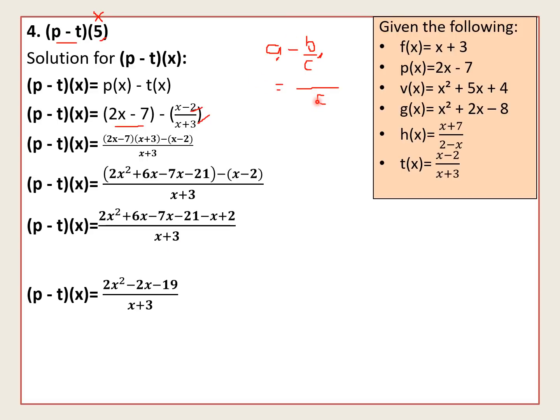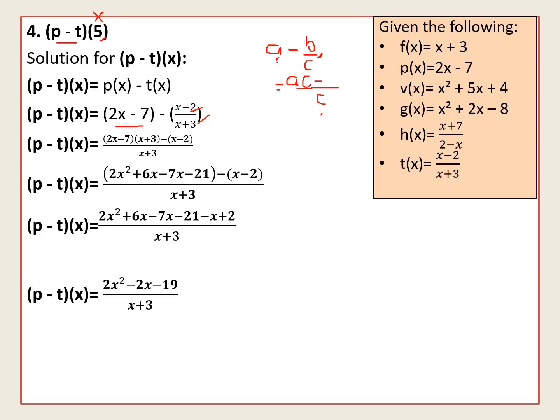Tama? The LCD here is C, right? Tapos nun, para makuha natin yung numerator, si C, unahin muna natin ito, si C, imumultiply mo lang kay A. Ang makukuha natin would be what? C times A, it would be A C, right? Or A times C. Tama?